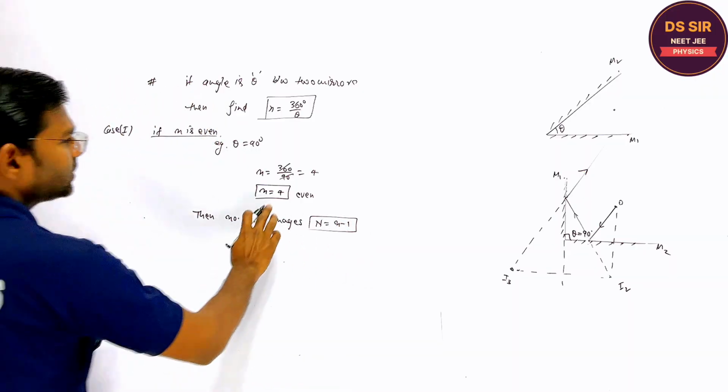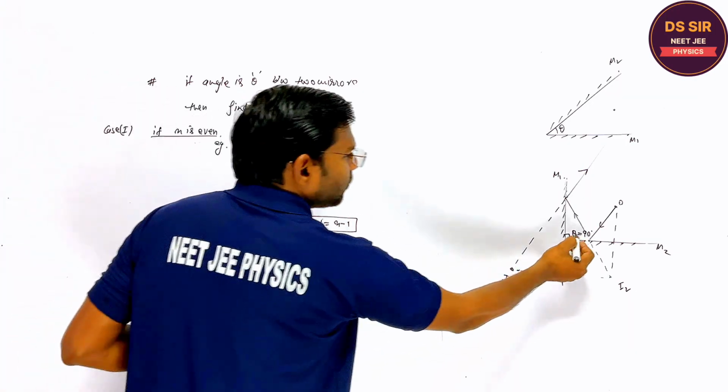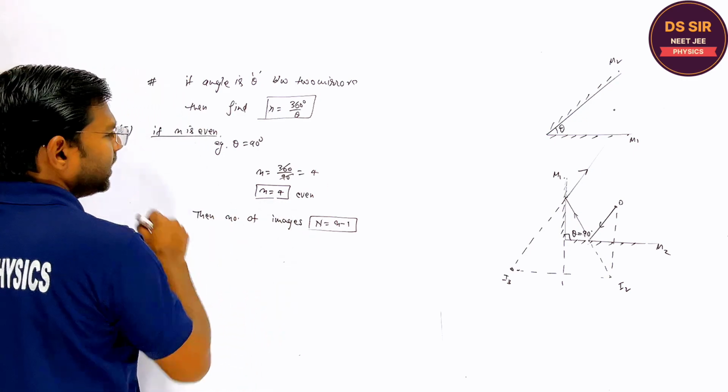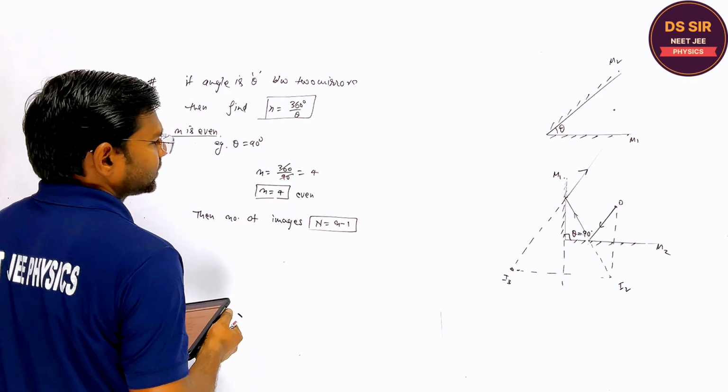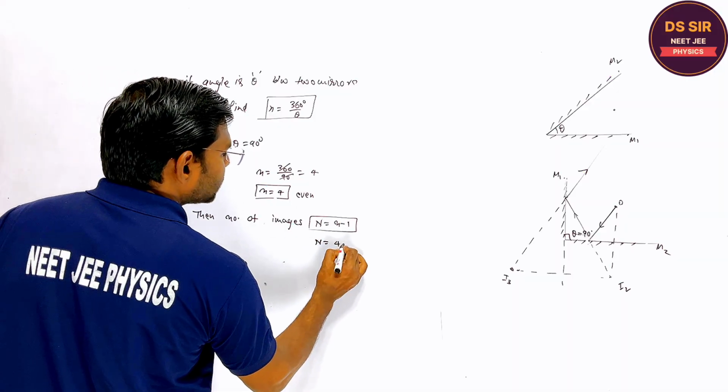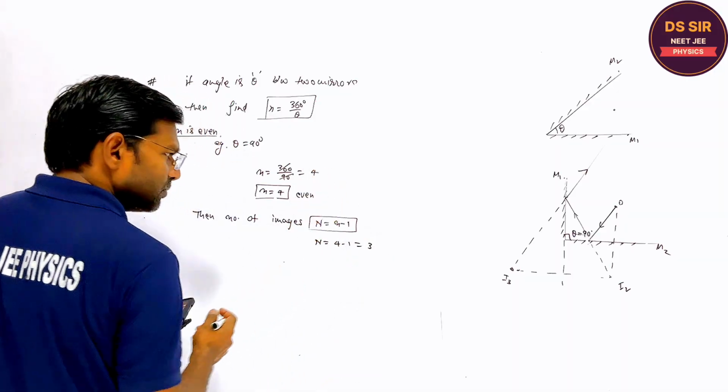Getting it? When theta is 90 degree and n is even, you have to calculate 360 degree by theta. So how many images? N minus 1 is equal to 3.